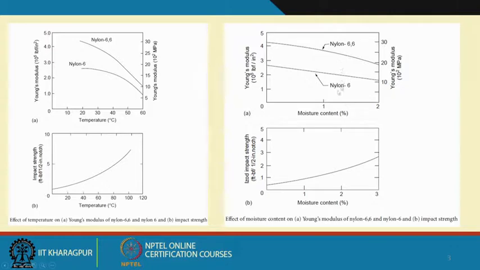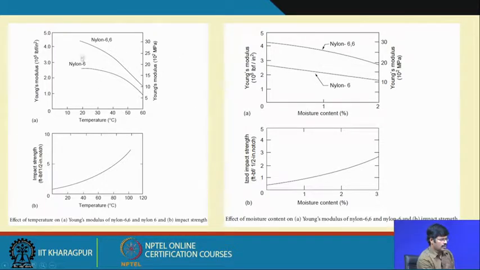If you compare this with this, you see Young's modulus decreases with temperature, and if you also increase the moisture content, then your Young's modulus also drops. This is something I told before, that an increase in moisture content will have the same effect as an increase in temperature.